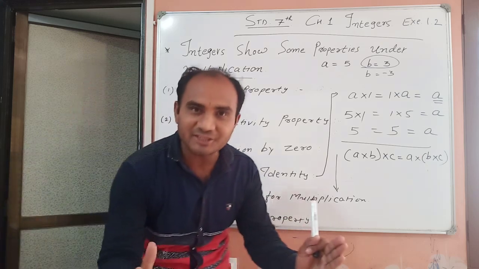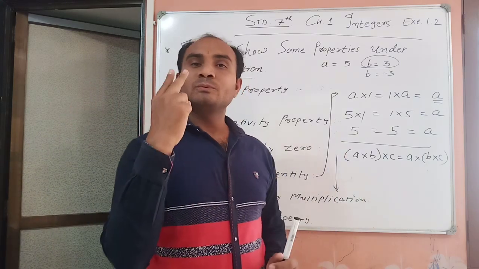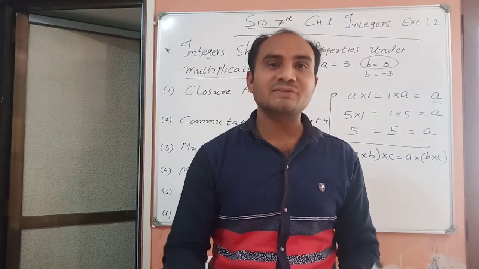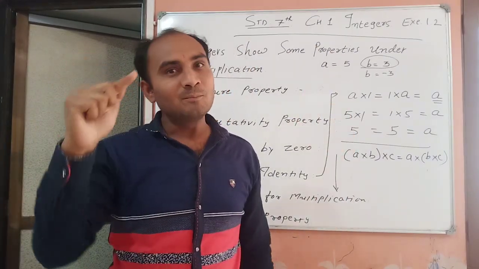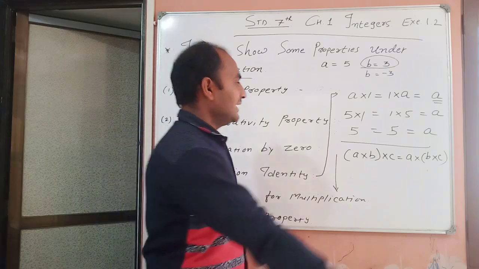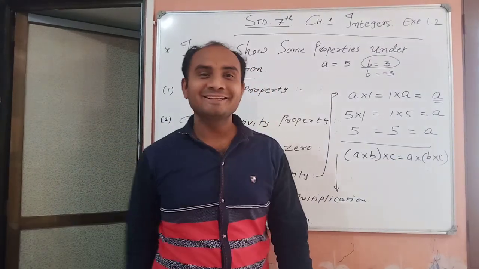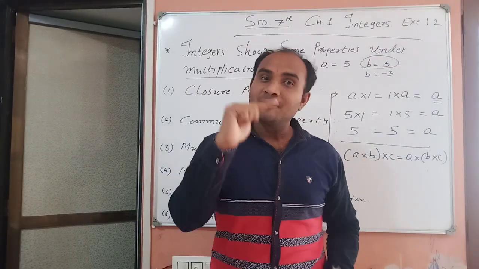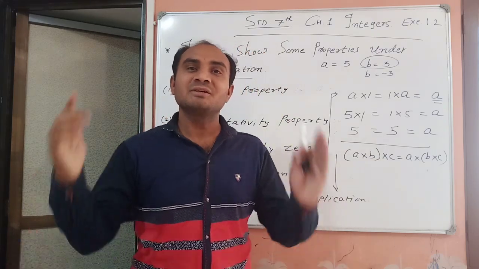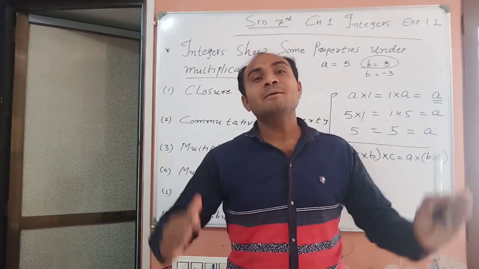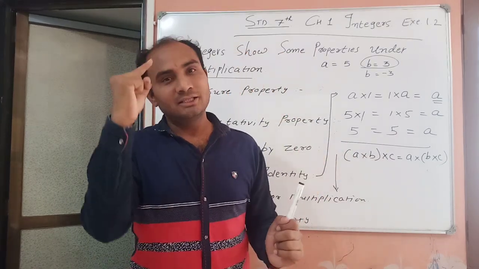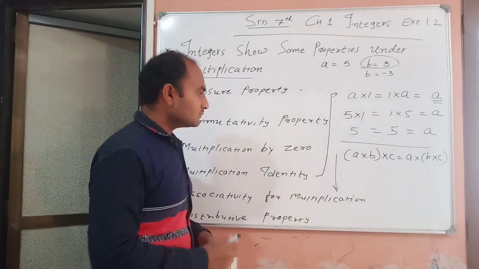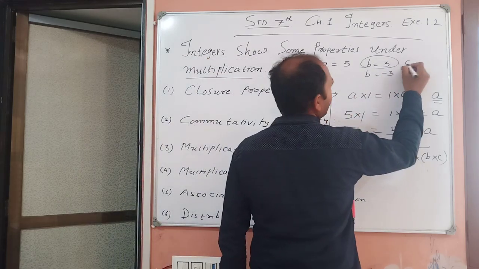In the first bracket we will do multiplication of two integers, A into B, the bracket is closed, multiplied by C. And here A is multiplied with the bracket B into C, that means A will multiply with the product of B into C.